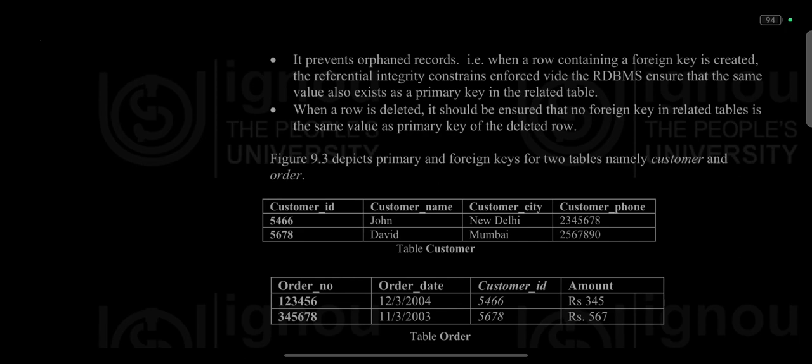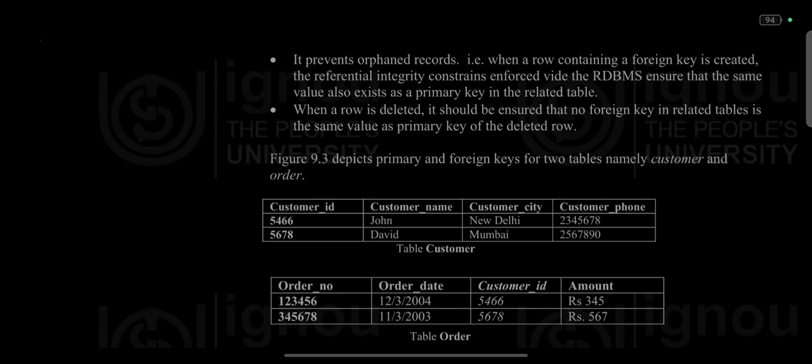That is, when a row containing a foreign key is created, the referential integrity constraints enforced by the RDBMS ensure that the same value also exists as a primary key in the related table. When a row is deleted, it should be ensured that no foreign key in a related table has the same value as the primary key of the deleted row.